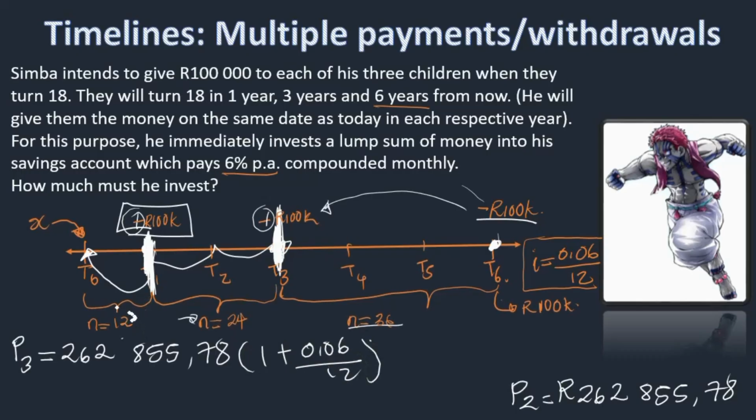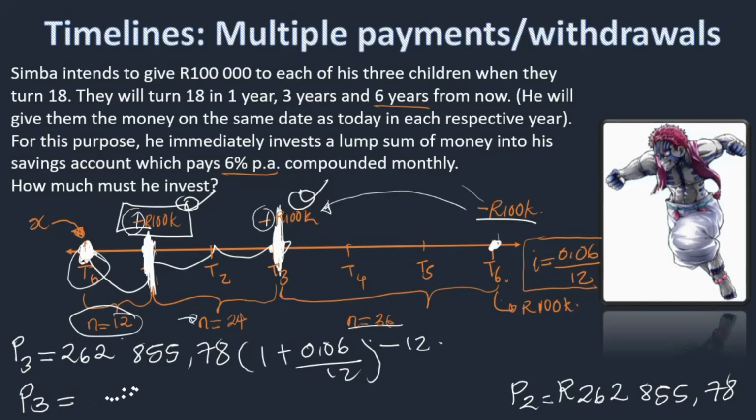And I'm counting for how long? For this n, which is negative 12. Remember, it's supposed to be negative, right? And bear in mind, at the end here, there's no 100K that needs to be added, like we did here and there. This gives me the initial amount that I'm supposed to have at T0, at the beginning, which is today.